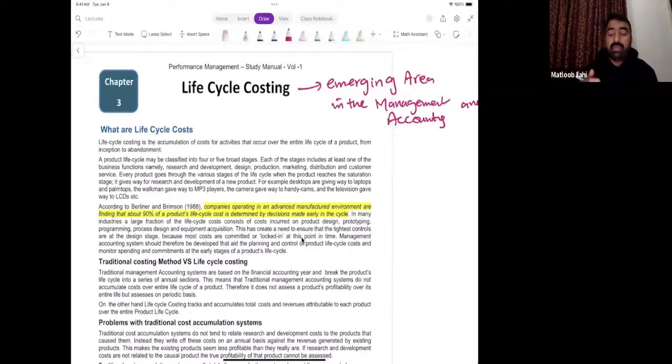I mean, we measure cost of a product on a period to period basis, but under life cycle costing, we follow a whole life cycle approach, meaning all costs incurred throughout the life cycle of the product, we have to consider.